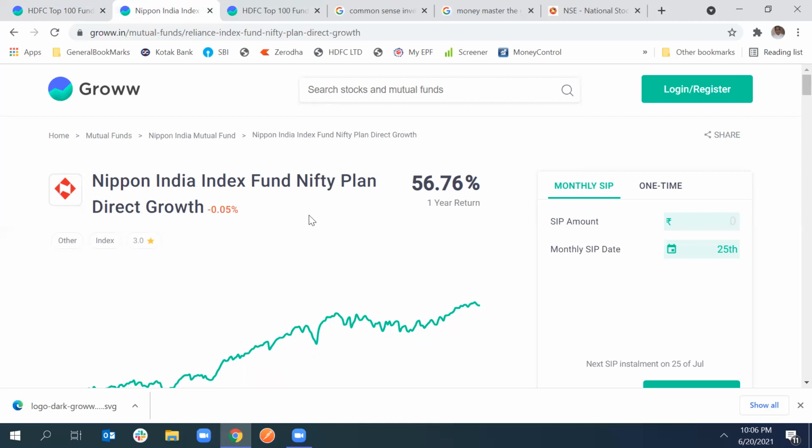Hence they offer a very low expense ratio, because they know they are not doing any research or anything great to make you get a better return. They are just taking your money, putting it in the fixed list of companies listed on the national stock market site, and facilitating your investment into those companies. Hence the expense ratio is very low, and that is what we need.